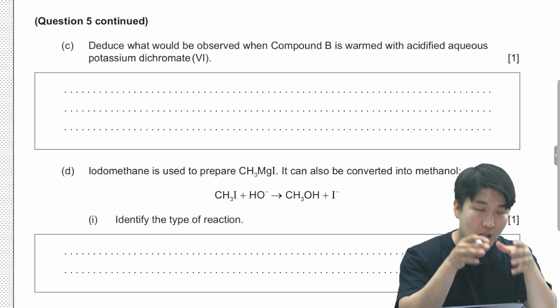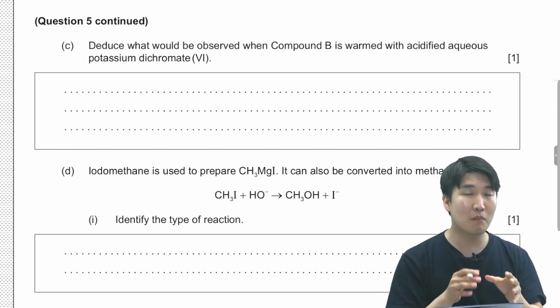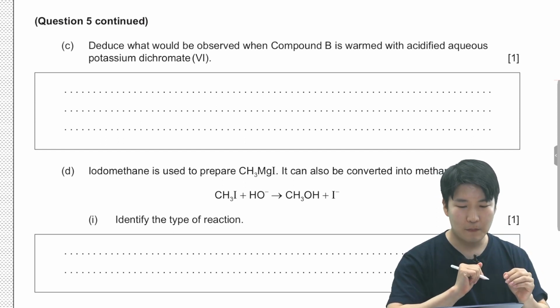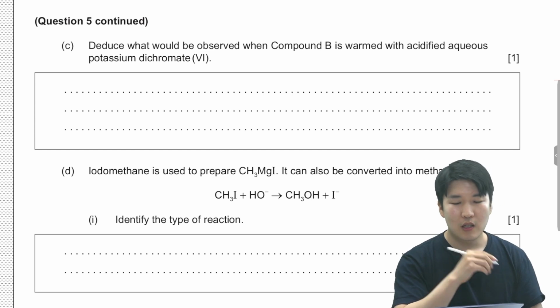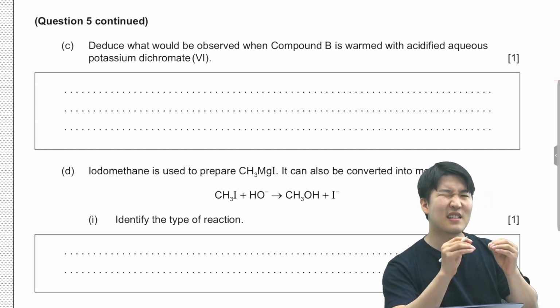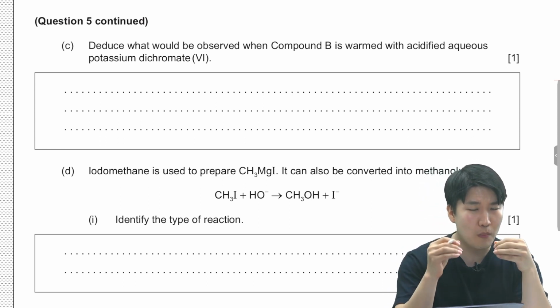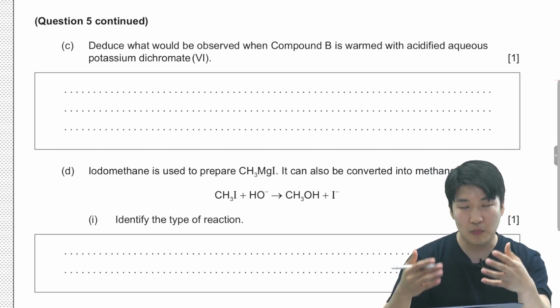And for aldehydes, further oxidation into carboxylic acid may also be possible for the right condition, distillation under reflux. However, there's a pitfall here. What's that pitfall? It's only possible for primary and secondary alcohols. Oxidation for tertiary alcohols is not possible.